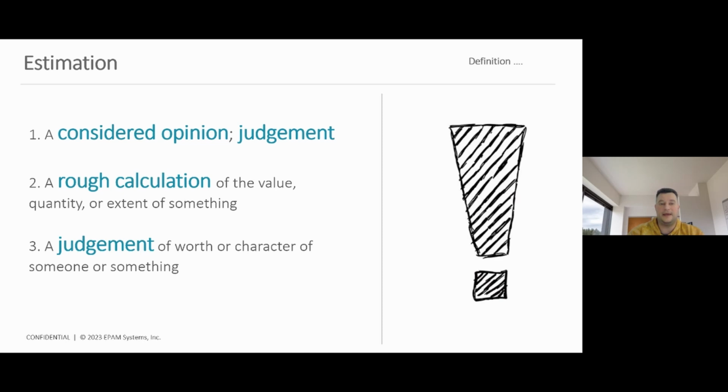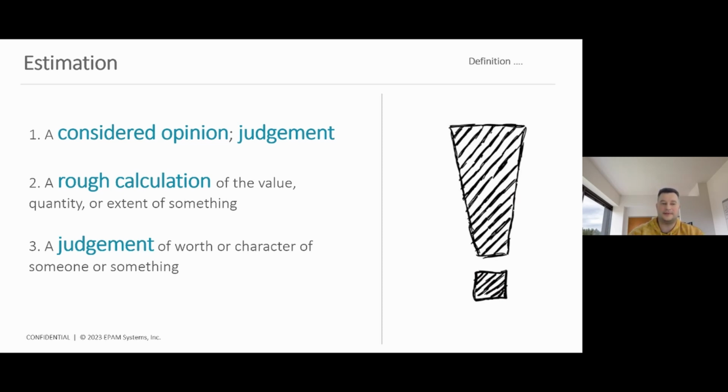That is why our concentrated work experience and knowledge is the basis of our judgment. And judgment is the basis of estimation. So this is a key point of understanding the estimation basis.